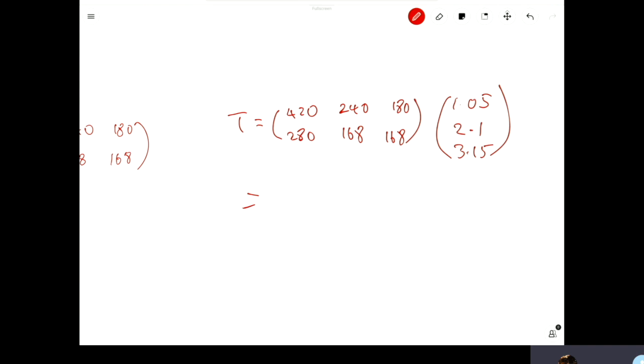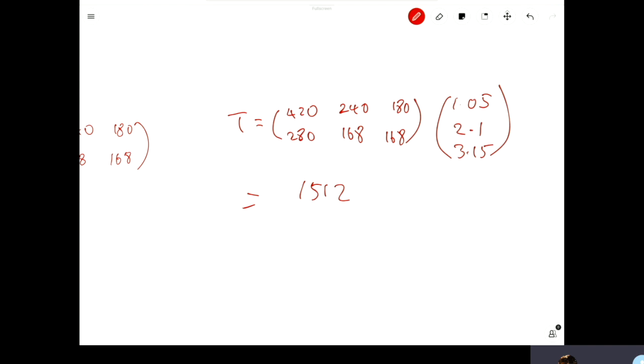First row times first column, right? 420, let me calculate. Plus, oh no, sorry, 2 sets. Okay, so it's 1512, right?